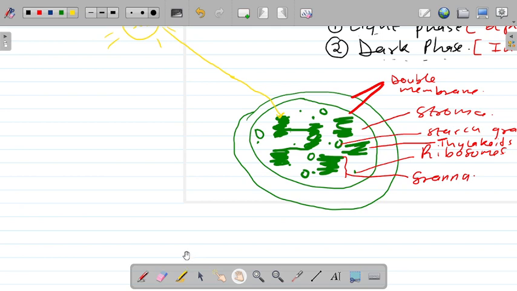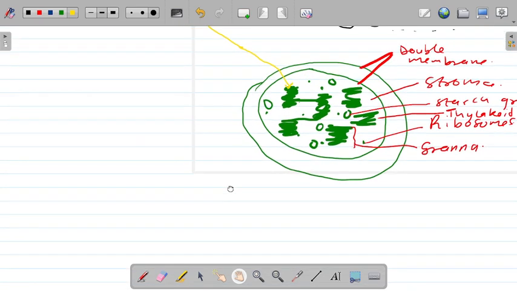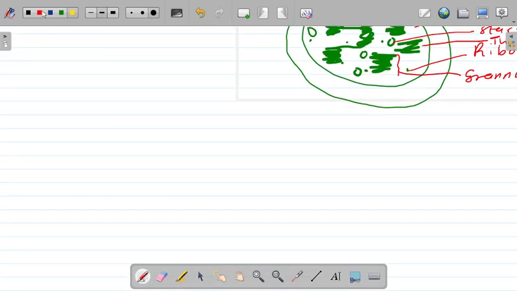Now, once it gets in there, the light phase begins. That is the first phase. Where? In the thylakoid. Now, let's look at the light phase step by step. First things first, location.